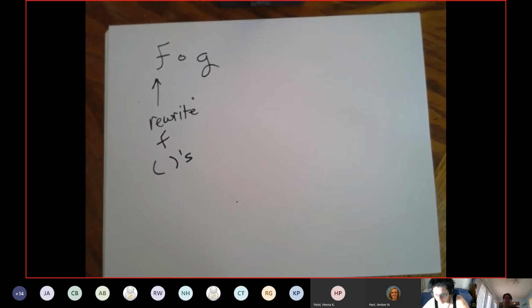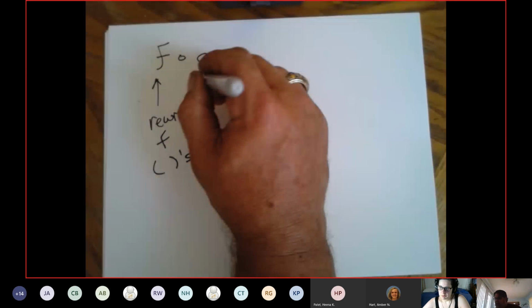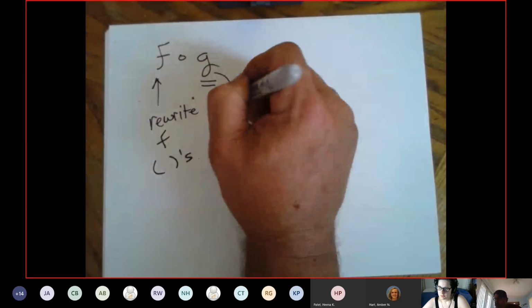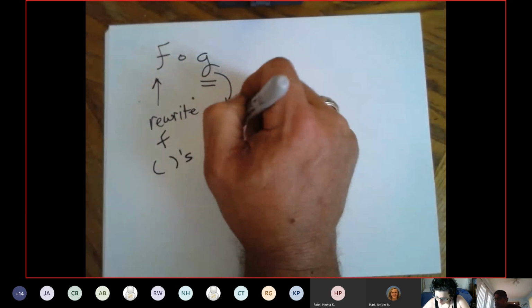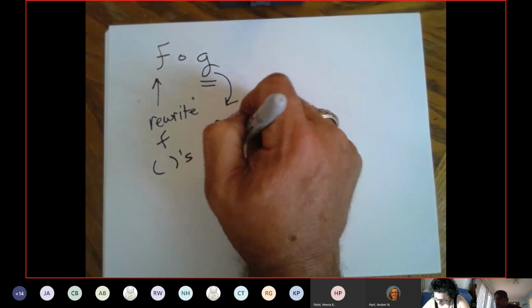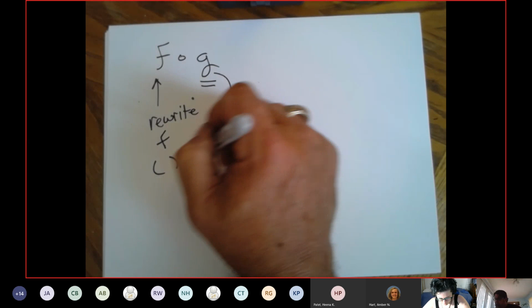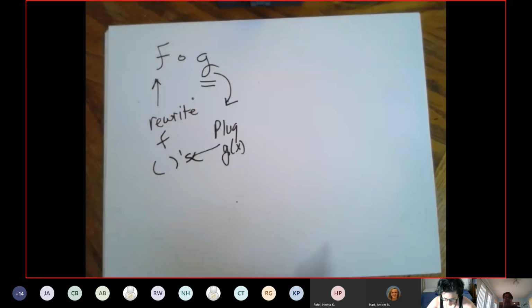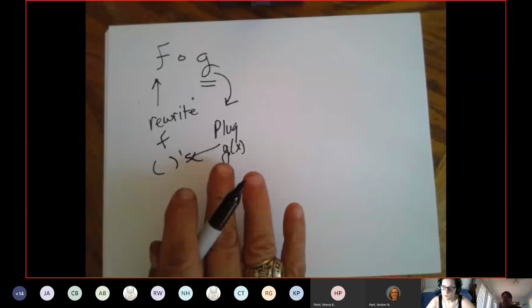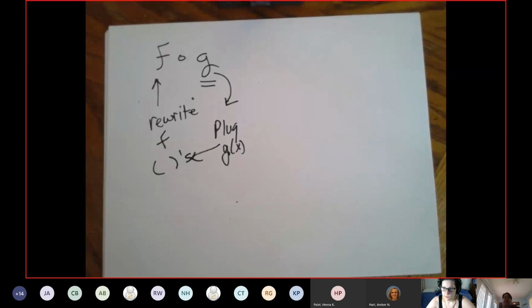Parentheses. And I'm going to plug in, since g is second, I'm going to plug g into those what? Parentheses. Now, if you remember that right there, you'll never have a problem with composition of functions.